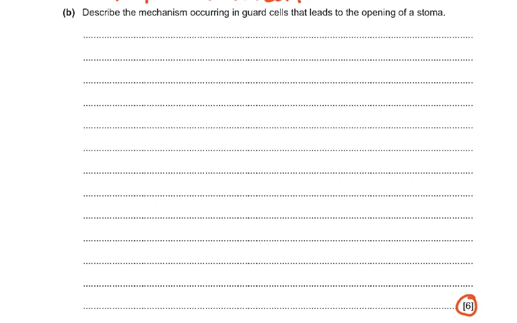So the proton pump is sort of a sentry for chloride ions. So you could have come up with the mechanism occurring that leads to the opening of a stomata. So basically we're talking about the opening. It was 6 marks, but we have like 8 mark scheme points.